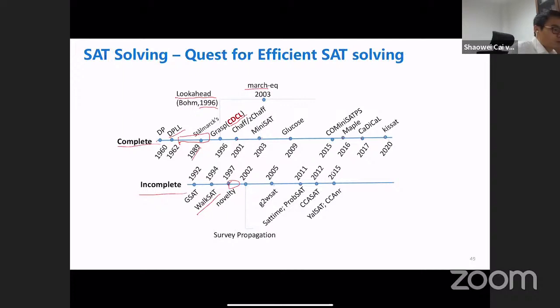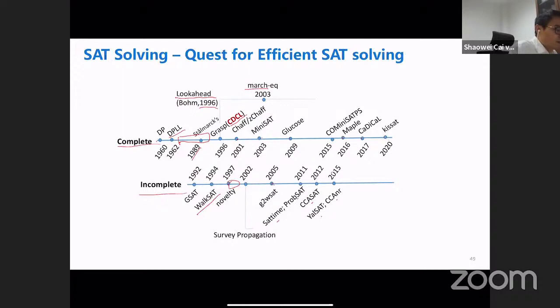And then we have G2WSAT, which proposes a concept called promising decreasing variable. Then after 2010, we have the so-called modern local search. We have Sattime, ProbSAT, CCSAT, YalSAT, CCNR.